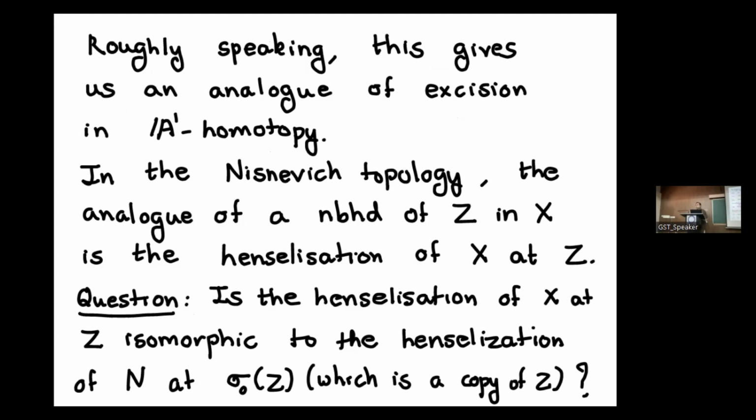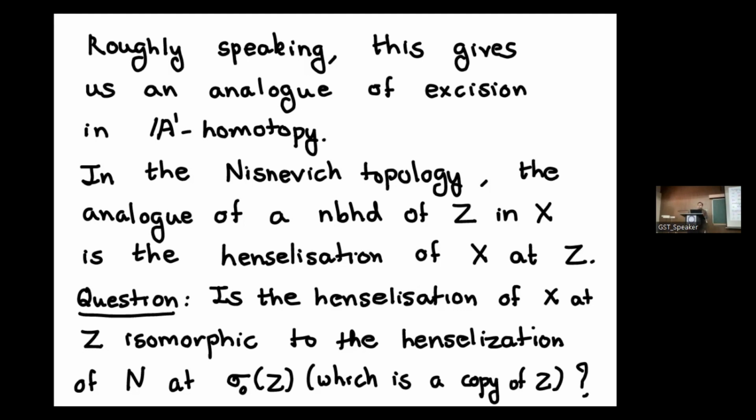That is what you want to try to emulate. For example, you have got X, and inside X you have got a subspace A. Then what do we say? If you look at the homology or cohomology of X comma A, well, you could remove whatever you want from A, and thus shrink the pair. This will still give you the same algebraic invariant. That's what we mean by excision.